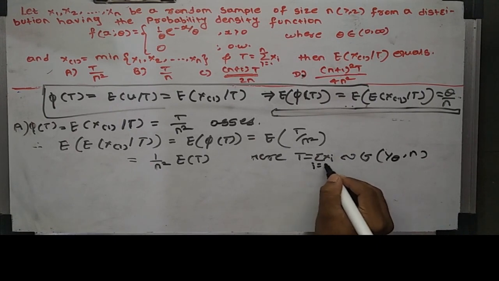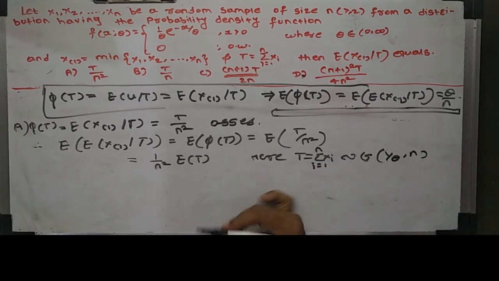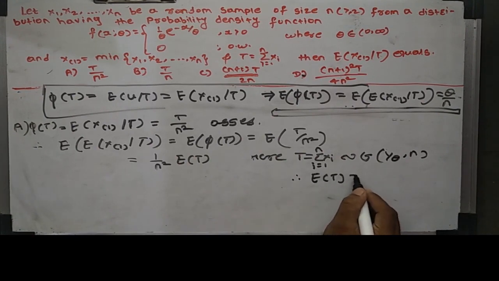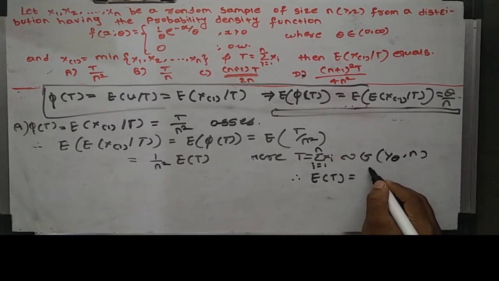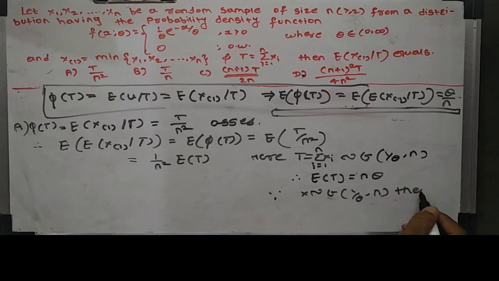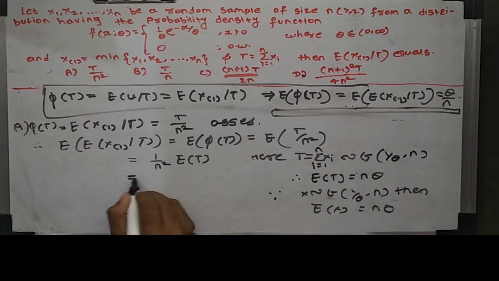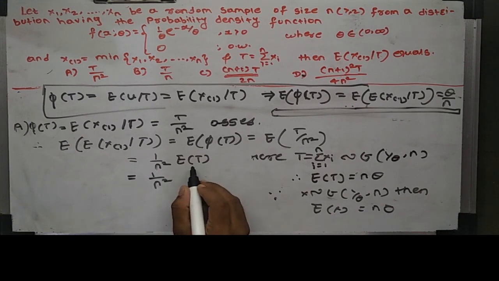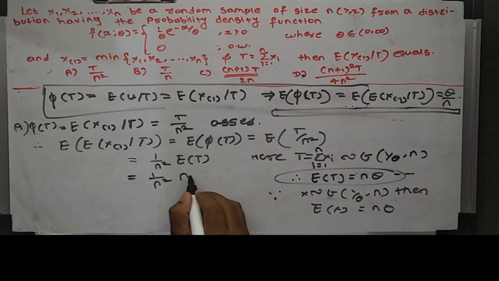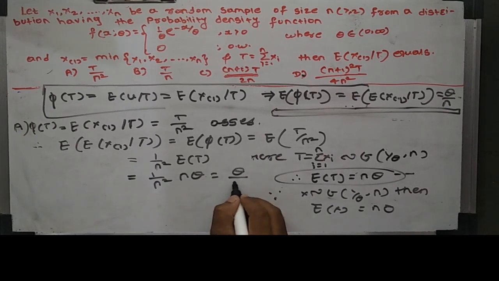Here n is the number of random samples. Therefore expectation of t equals n theta, because we know x following gamma with 1 upon theta comma n has expectation of x equal to n theta. Therefore 1 upon n square into expectation of t, which is n theta, is equal to theta by n.